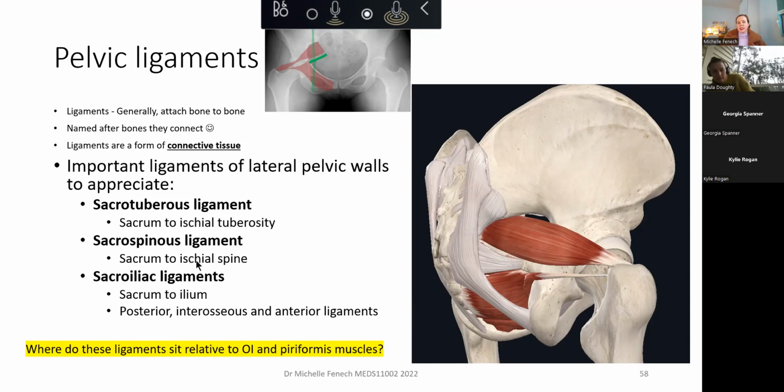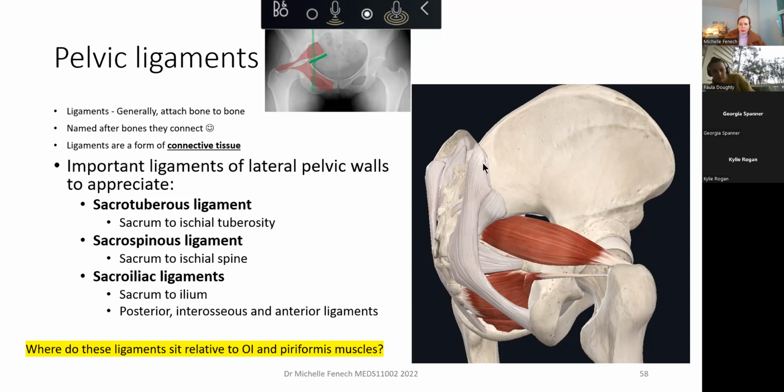You have to know which spine, and it's the ischial spine. Ischial spine is easy because remember both the sacrum and the ischium are more posterior structures. And then we have the sacroiliac ligaments, and they're going to attach the sacrum to the iliac bone, so they overlie that sacroiliac joint. Remember how I showed you the sacroiliac joint, and I said that joint doesn't look like there's anything in there on CT, but it's stabilized by ligaments that sit in there.